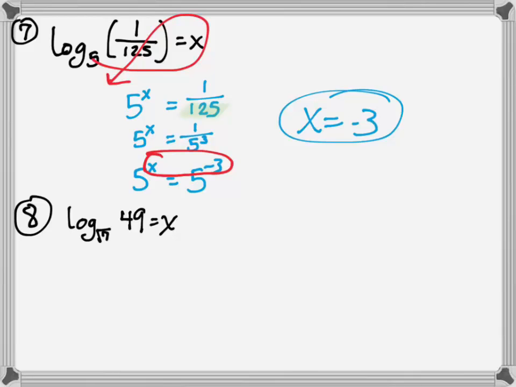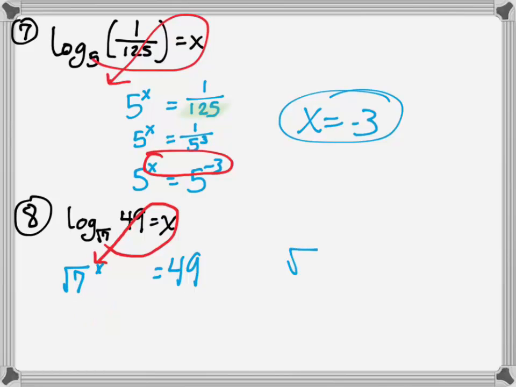Now this next one may take you a little bit more thinking. Square root of 7 to some power is equal to 49. So the square root of 7 to the x power is equal to 49. So the square root of 7, we're trying to figure out how we can get from there all the way to 49.